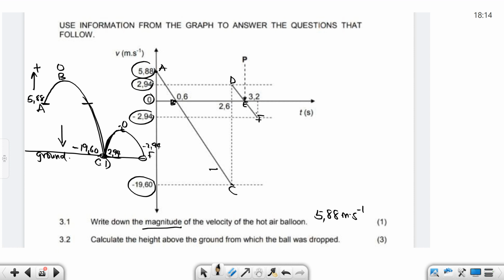Negative 19,6. What is our acceleration though? It's negative 9,8 meters per second squared. Now, between A and C, what time are we using? 2,6. Please, let's calculate, everybody. Use your formula now.